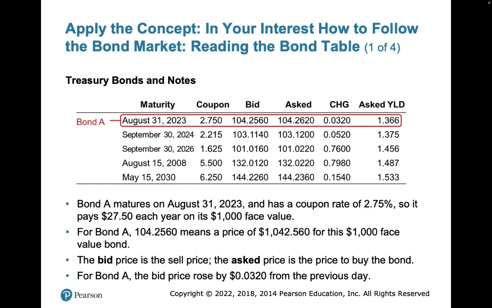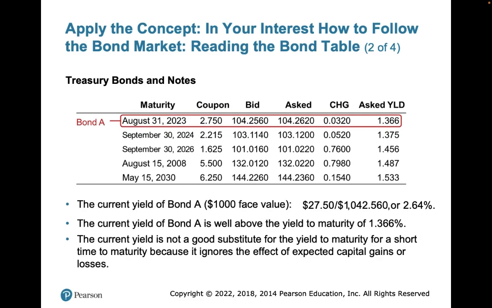So for those of you who are interested in buying bonds, try to follow the bond market. Apply all of these concepts you are learning in this course to the bond market, and know which bonds are viable and which ones you probably should not be going for. So now let's move on. We're going to look at treasury bonds and face value.